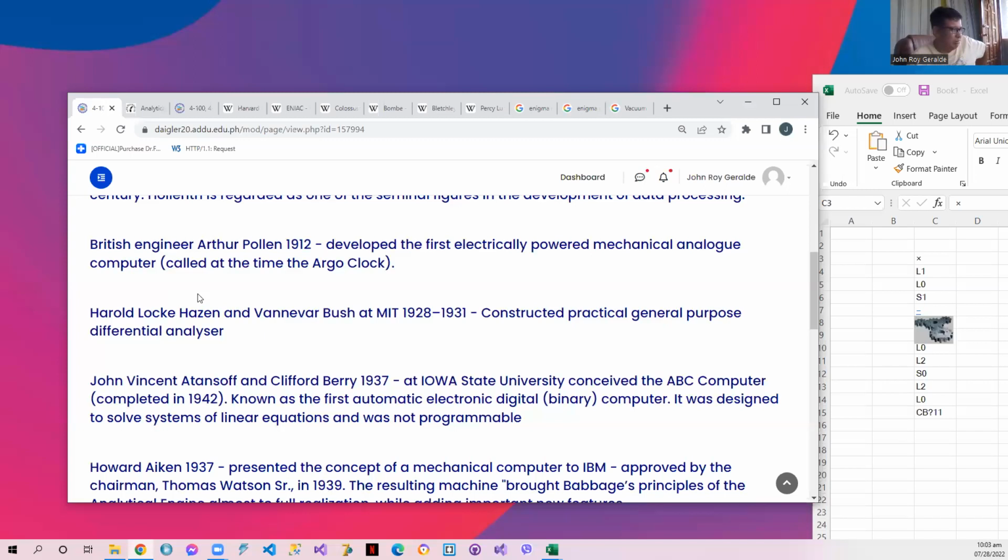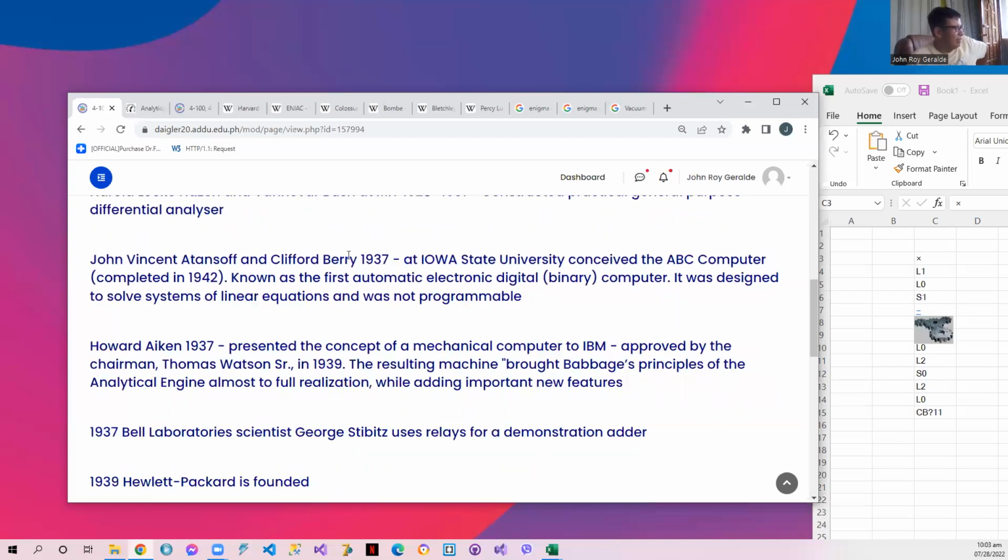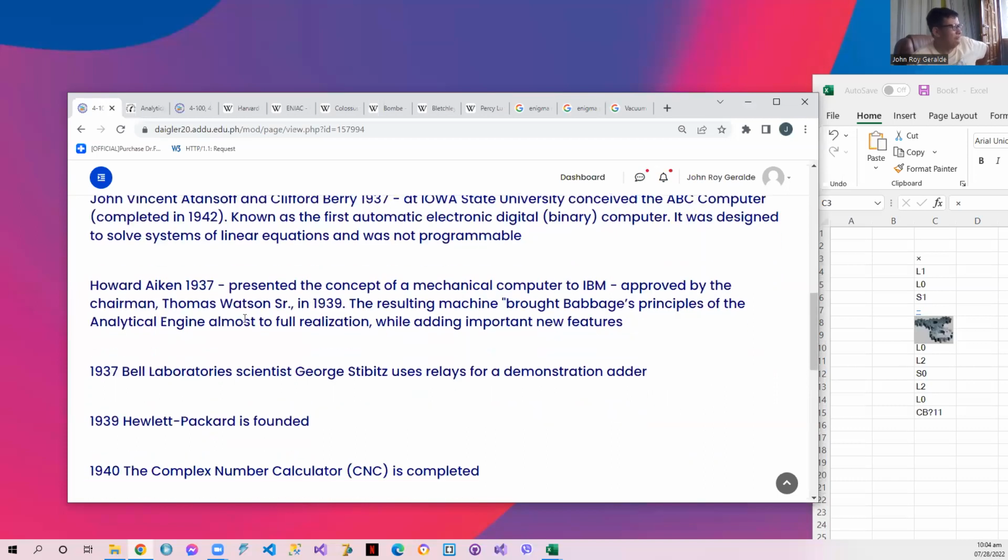We don't know what it is, but it is for differential equations. In 1937, what is considered to be the first electronic digital binary computer was introduced by John Vincent Atanasoff and Clifford Berry, completed in 1942. 1947, Mark I in IBM.